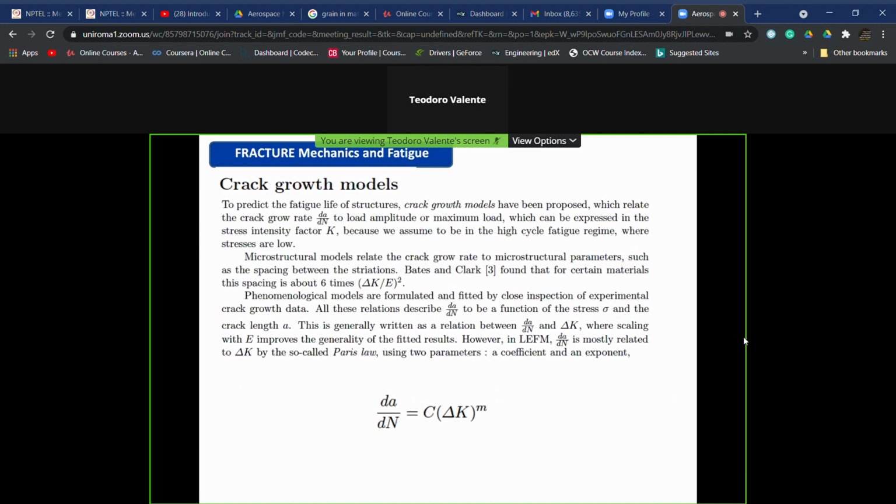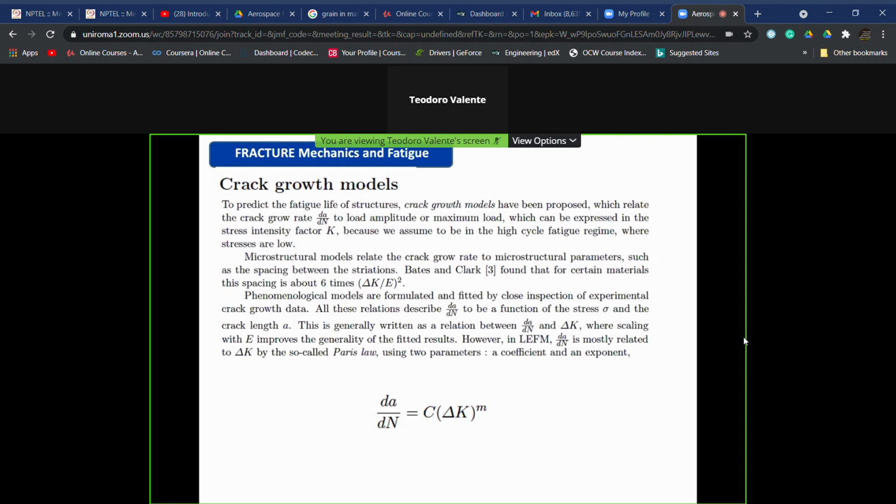For certain materials, it has been found that this spacing in the striations is about 6 times the value given by the variation of the stress intensity factor associated to the fatigue cycle divided by the Young modulus of the material itself, with an exponent of 2.